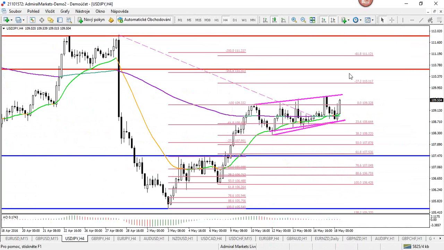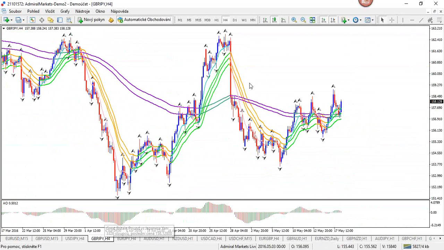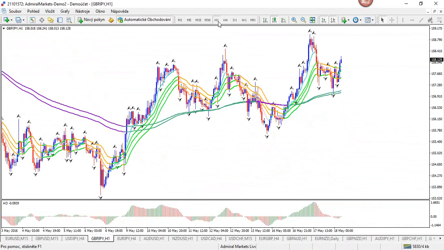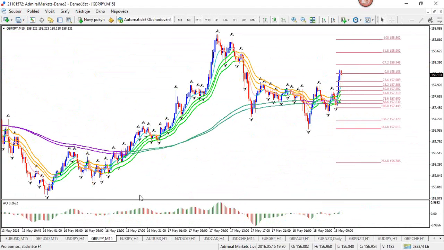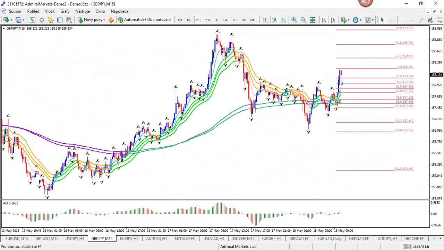Dollar yen could be interesting too, the upside continuation. Pound yen as well. So I think those three are probably my favorites at the moment. Dollar yen 4-hour chart, pound yen 5-minute, 50-minute pullback.